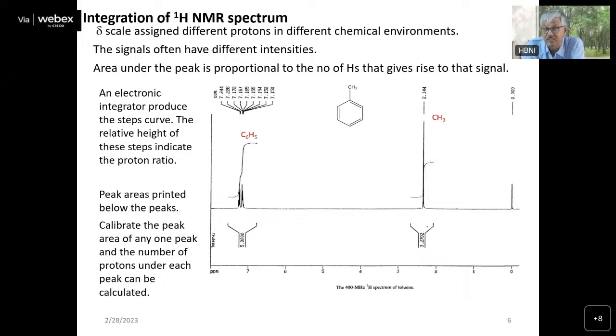It is not 3. This problem we will discuss later, because under the conditions where the NMR spectrum was recorded, probably the T1 relaxation was not taken care of, because the T1 relaxation of the methyl protons is different from the T1 relaxation of the benzene protons. If you do not consider that, there will be a slight difference in the integration.